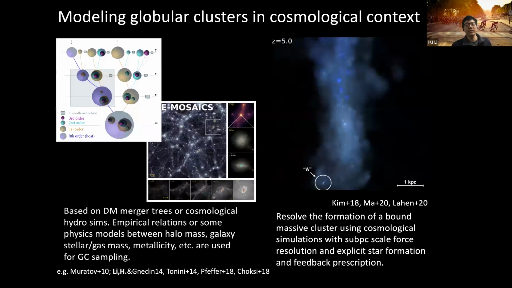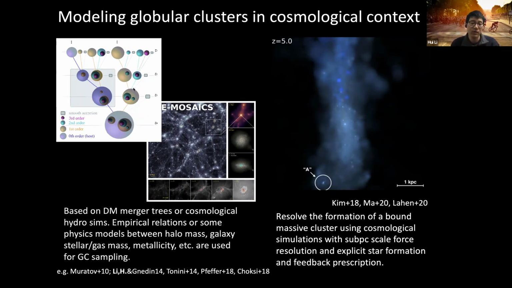So typically, after this type of progress, people start to make progress in modeling the globular clusters in a cosmological context. Because of the huge dynamical range, people make some compromise from one end or the other.